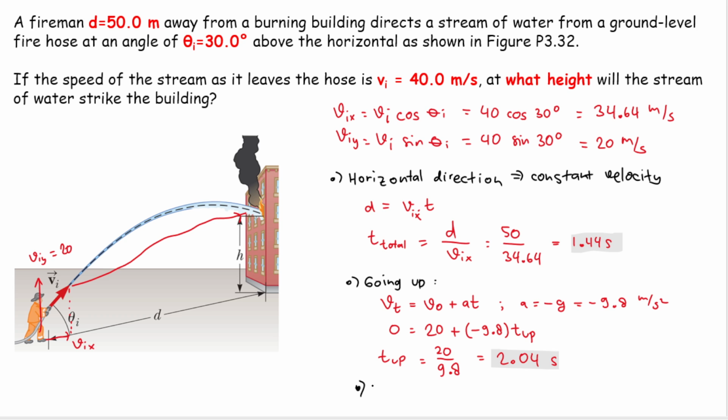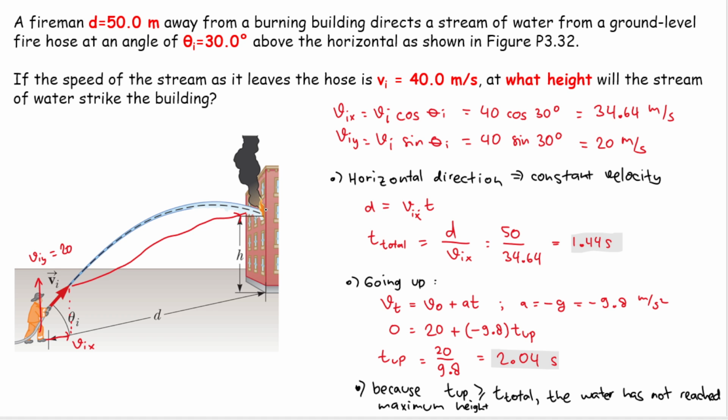Because t up is larger than t total, the water has not reached maximum height.